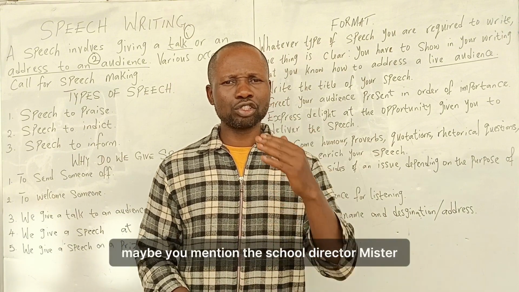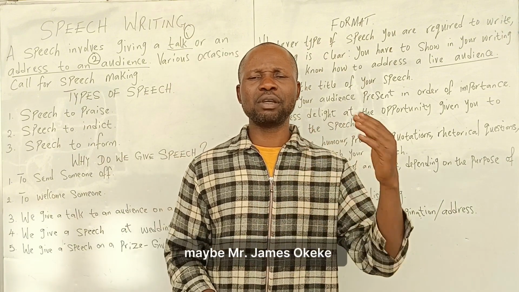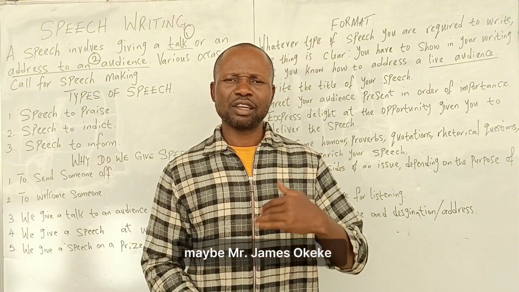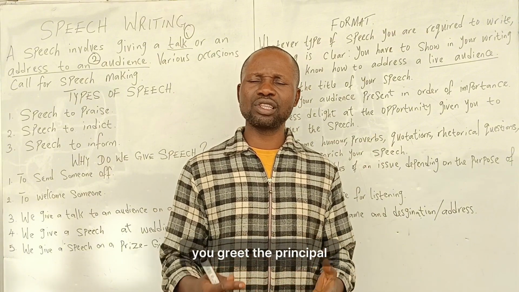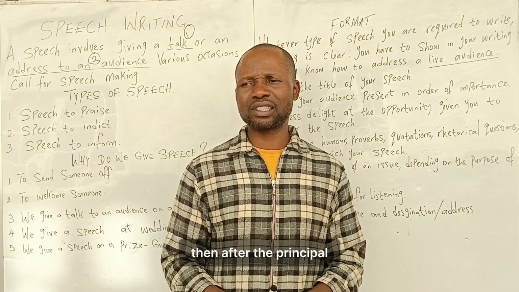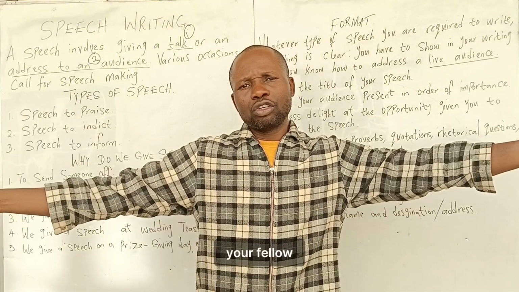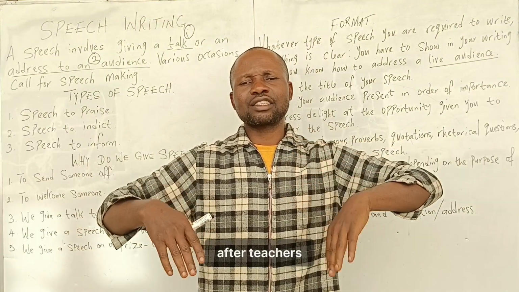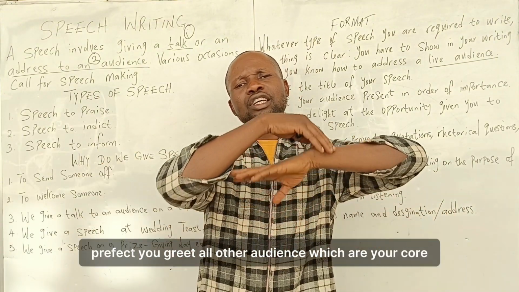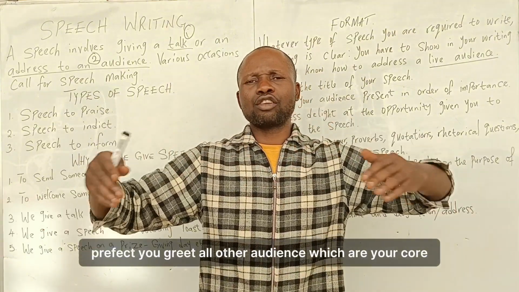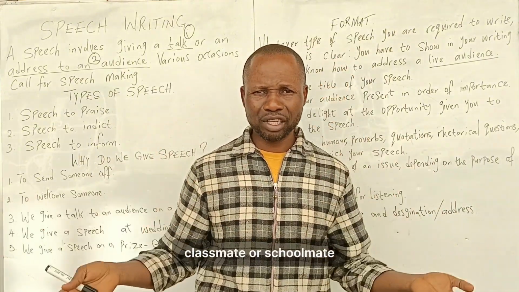Maybe you mention the school director, Mr. James Okeke. Maybe the next person after the school director is the principal. You greet the principal. Then after the principal, your fellow teachers. After teachers, you greet prefects. After prefects, you greet all other audience, which are your classmates or schoolmates.